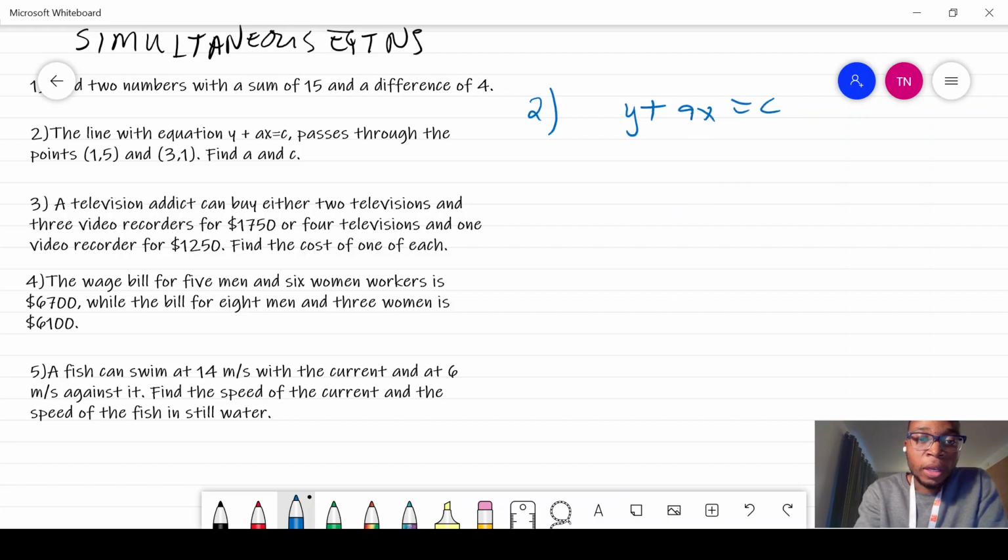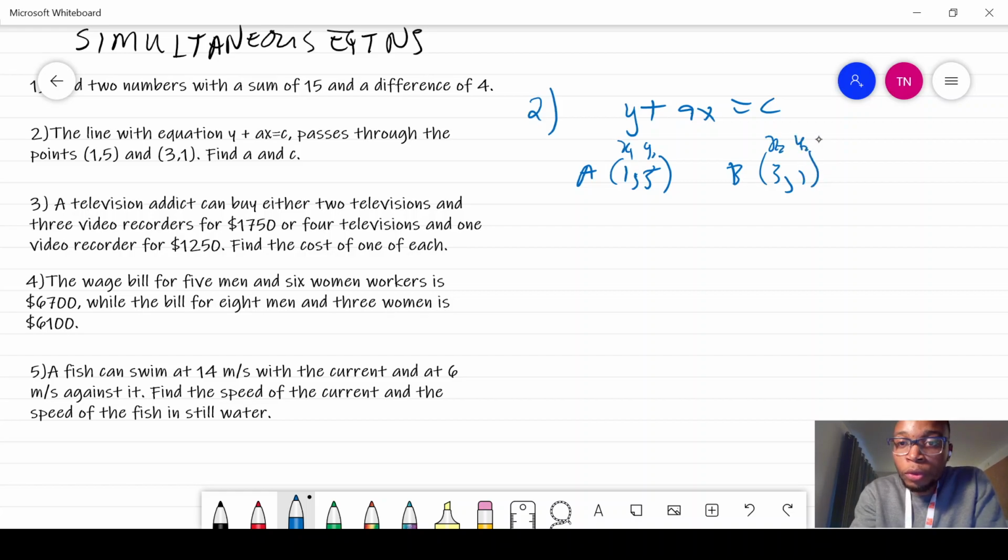From those two points, let's call point A (1, 5), so this becomes x1 and y1. Then point B is (3, 1), which becomes x2, y2.